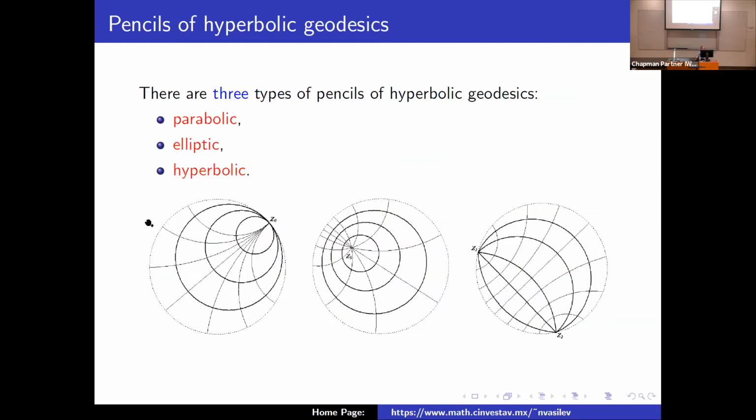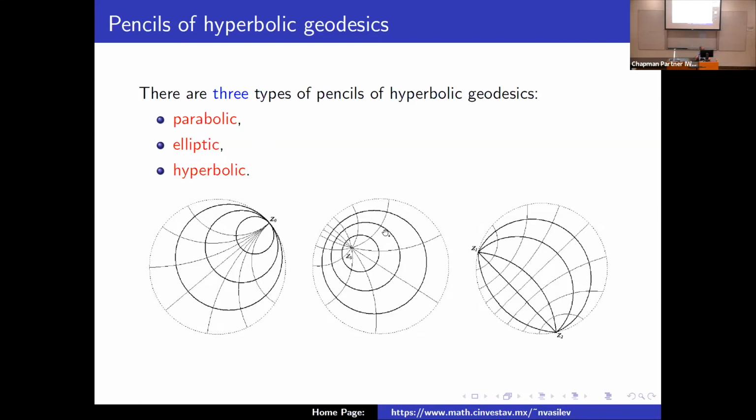We have a parabolic case, with parallel geodesics tending to some point at infinity. We have the elliptic case, with geodesics intersecting at a point inside the disk. And we have something strange, the third case, disjoint geodesics diverging in both directions. These are the typical cases in the hyperbolic geometry of the unit disk.